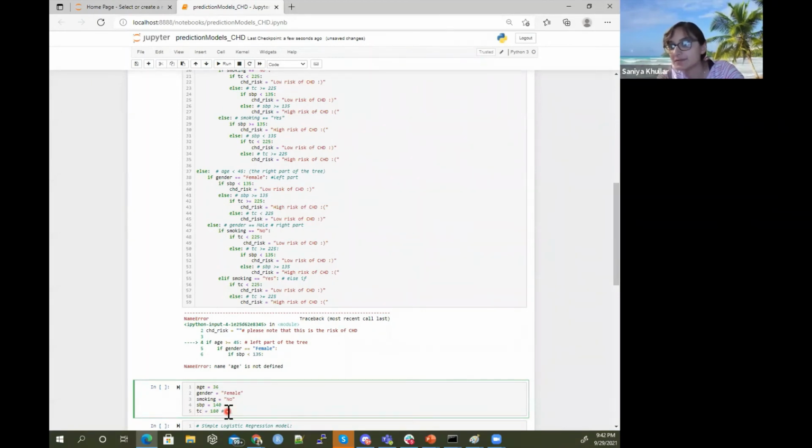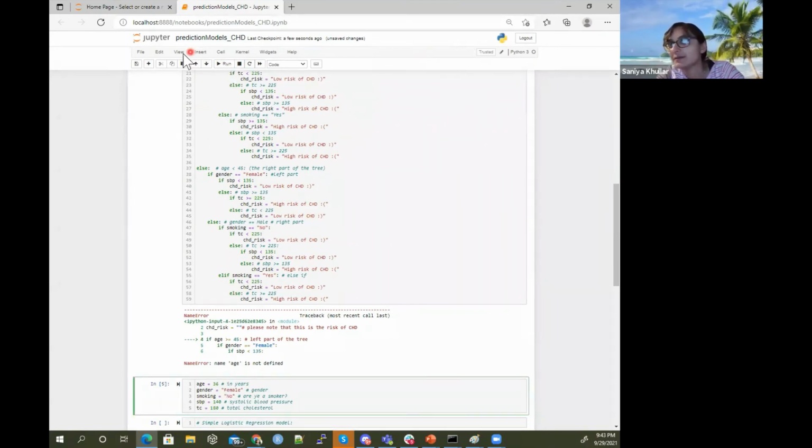This is total cholesterol. This is systolic blood pressure. This is smoking status. Are you a smoker? Gender. And this is age in years.